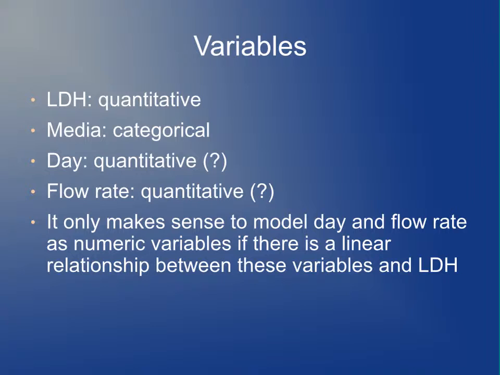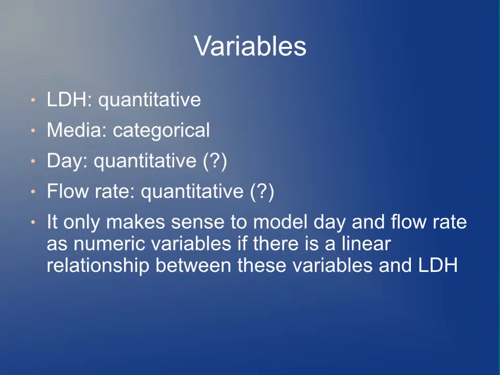So LDH is clearly quantitative and it's the outcome in this case. We have media that is clearly categorical. It has 3 possible values, R, F, and G. And day and flow rate are putatively quantitative, but day only has a finite number of possible values, 1, 2, 3, 4, 5, and 6.